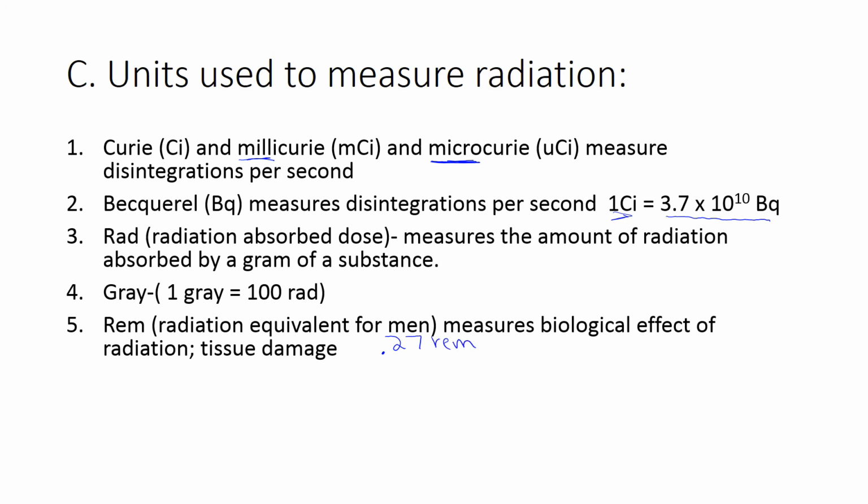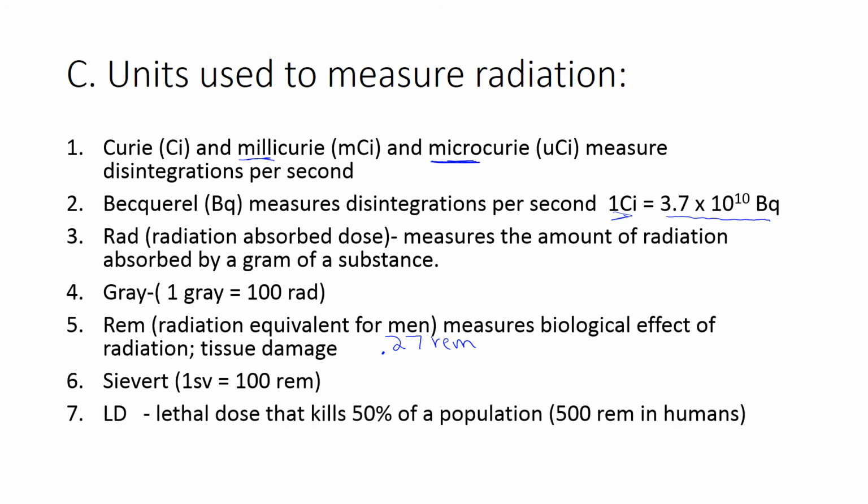So that is just something you would get from going about your daily activities. You're not really exposed to a ton of radiation, but you do have small amounts of radiation in your everyday life. A sievert is equivalent to 100 rem. And finally, an LD is what we call the lethal dose. So lethal dose is a dose that would kill 50% of a population.